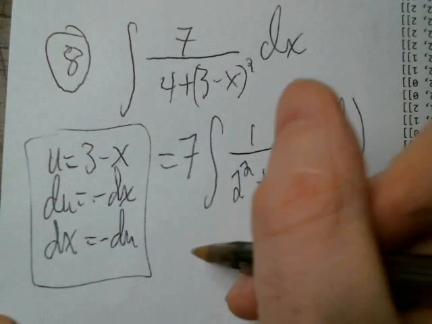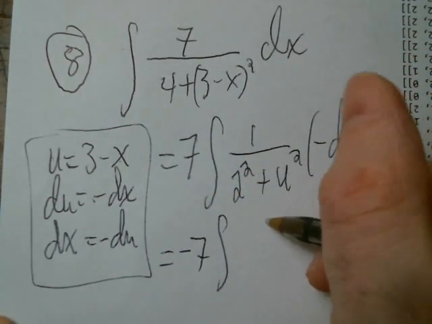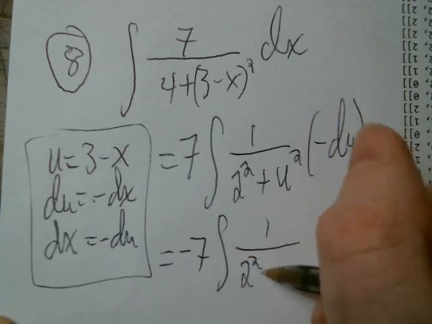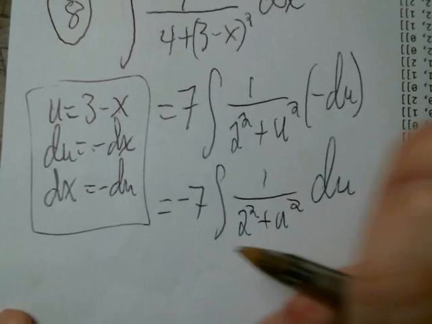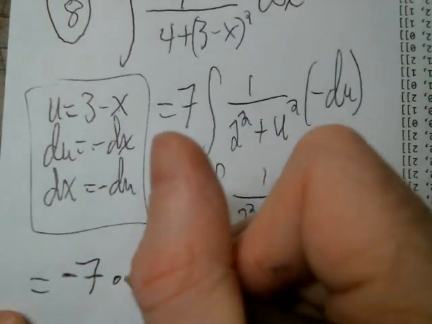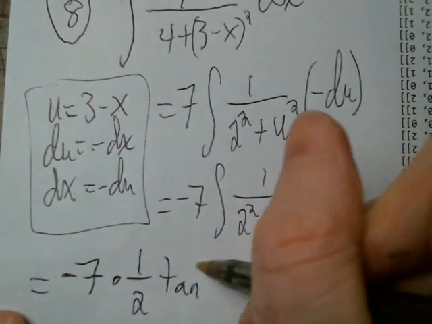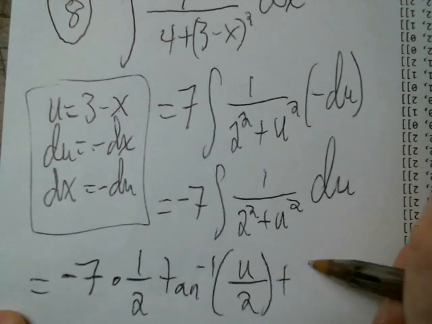If you factor out the negative, you get negative 7, and then we have an integral of 1 all over a squared plus u squared du, where our a value is 2. So that would be negative 7 times 1 over a, so 1 over 2, times tan inverse of u all over a plus c.